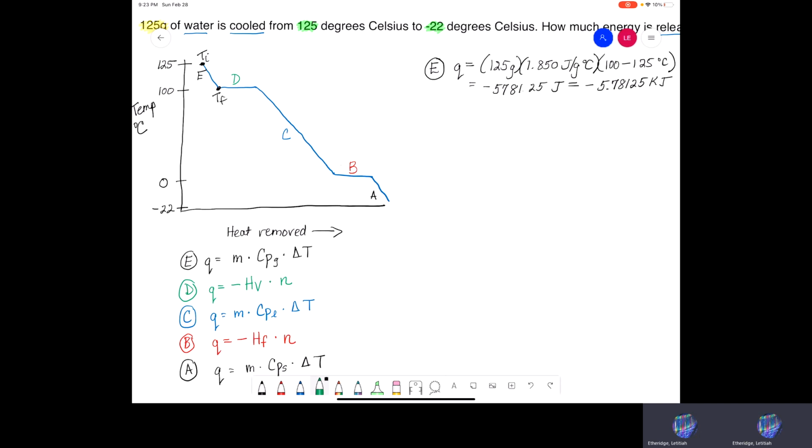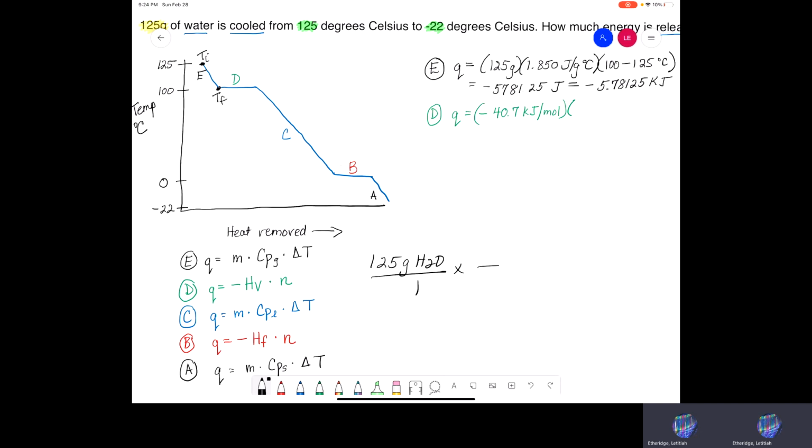Okay, let's calculate D. So D is going to be our heat of vaporization. That's negative now because it's a cooling curve. 40 kilojoules per mole times the moles. Let's calculate it. It's 125 grams of water.